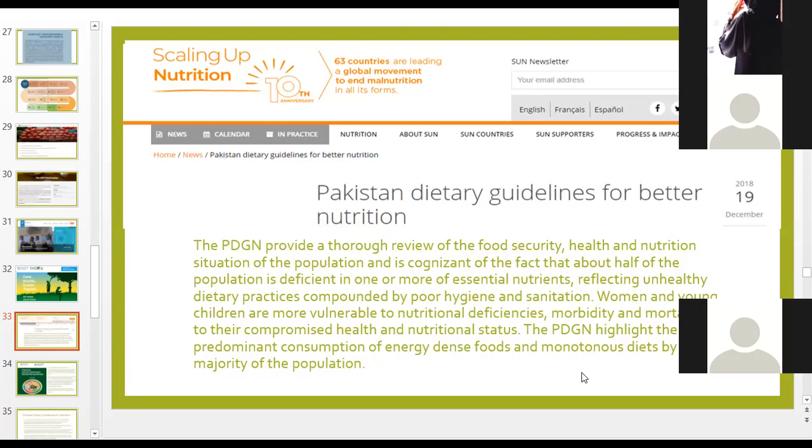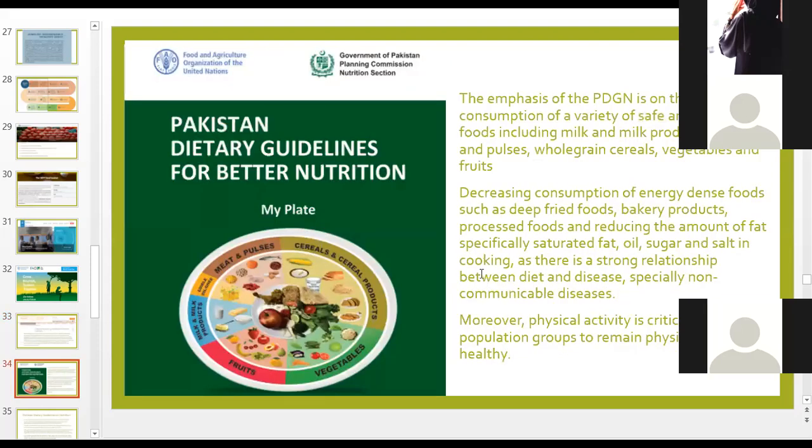So it is recommended in the dietary guidelines for better nutrition that all the food groups should be included as part of the diet, with emphasis on including a variety of foods and decreasing consumption of energy dense foods such as deep fried foods, bakery products, processed foods, and foods which have a high amount of fat, oil, and sugar.